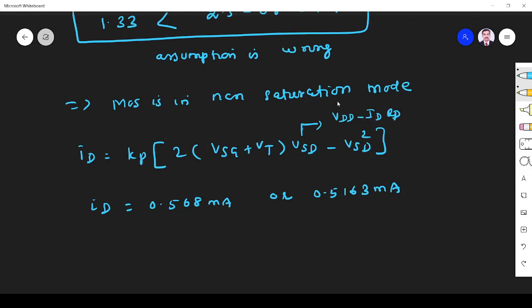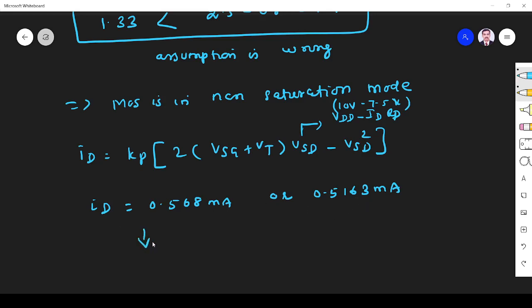VDD is given in the problem, so it is 10 volt. So when you substitute 10 minus 15 ID whole square and simplify, we will get 0.568 milliamps and 0.5163 milliamps.